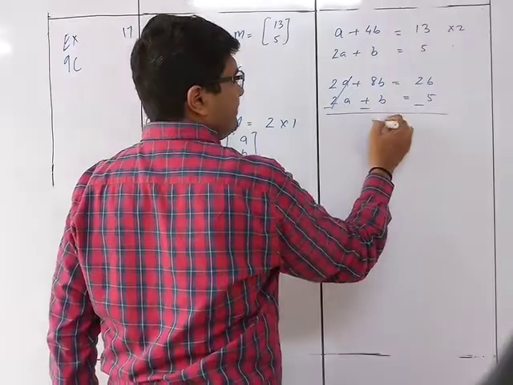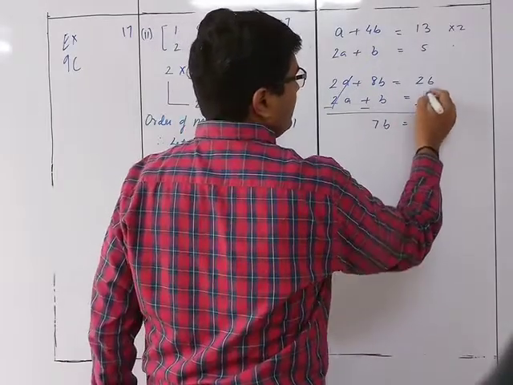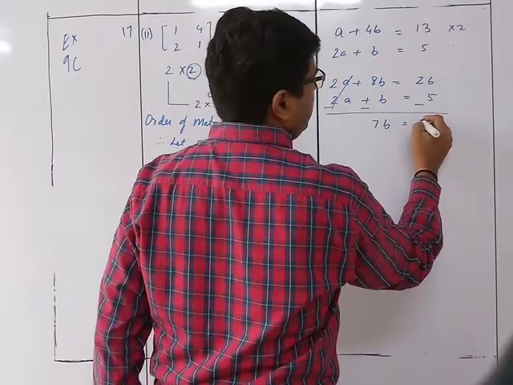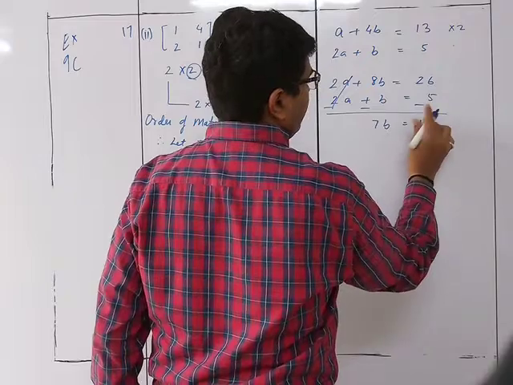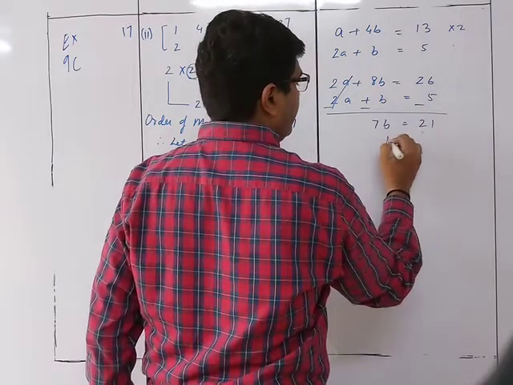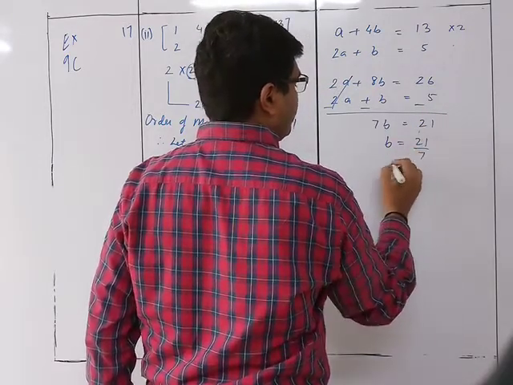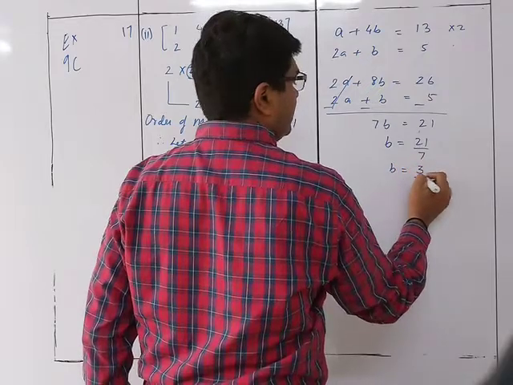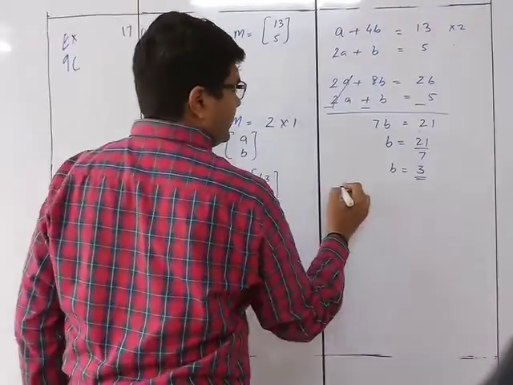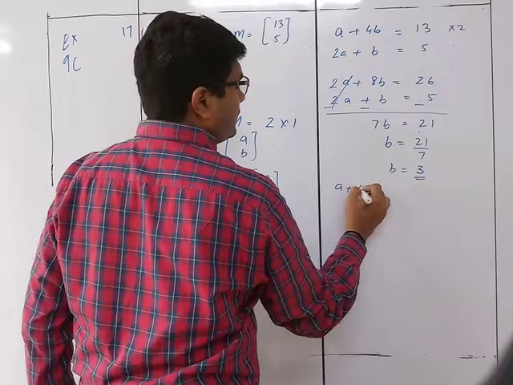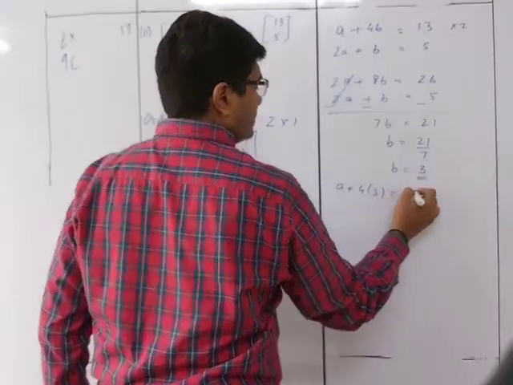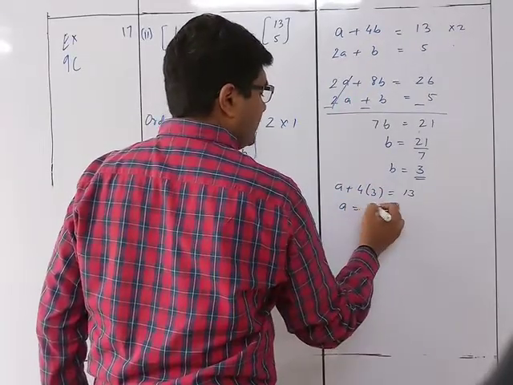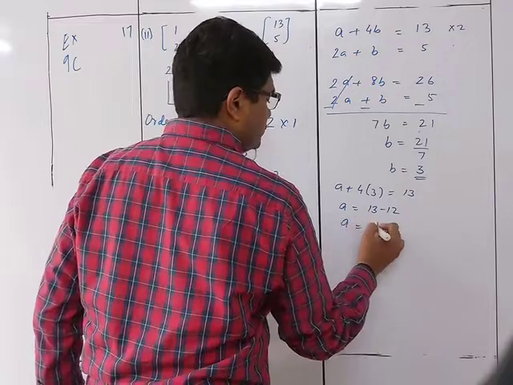So this is going to be 7B is equals to, subtraction will be 21. So B is equal to 21 upon 7, B is equal to 3. Putting it in the equation over here, we get A plus 4 into 3 is equal to 13. A is equal to 13 minus 12. A is equal to 1.